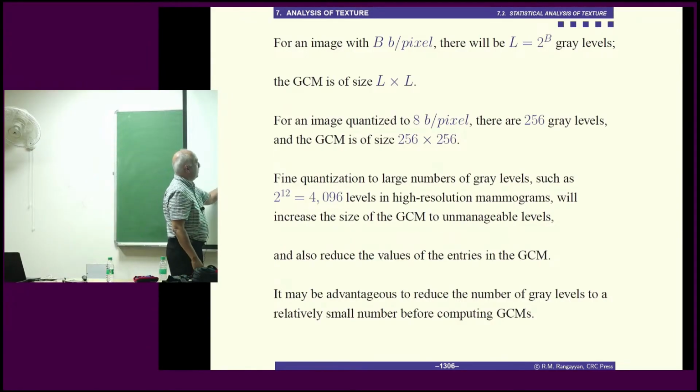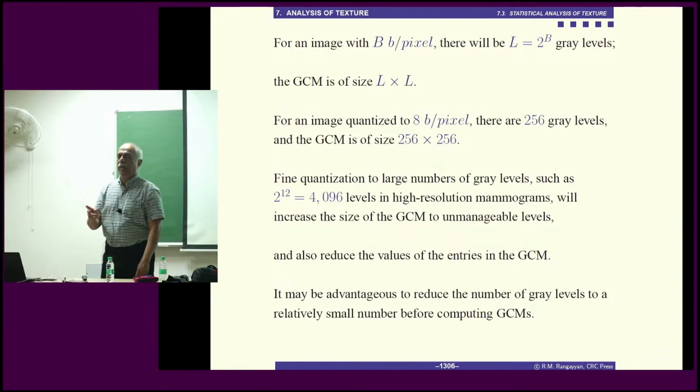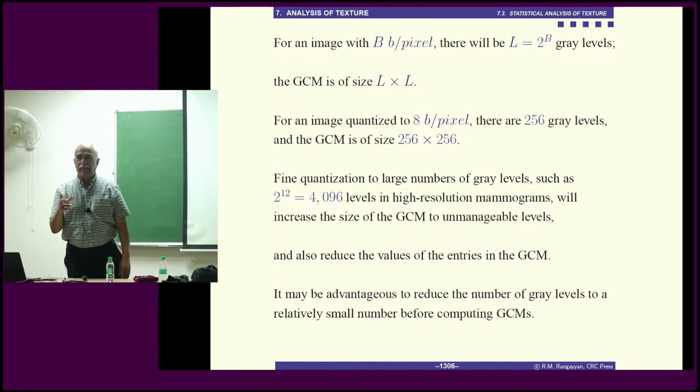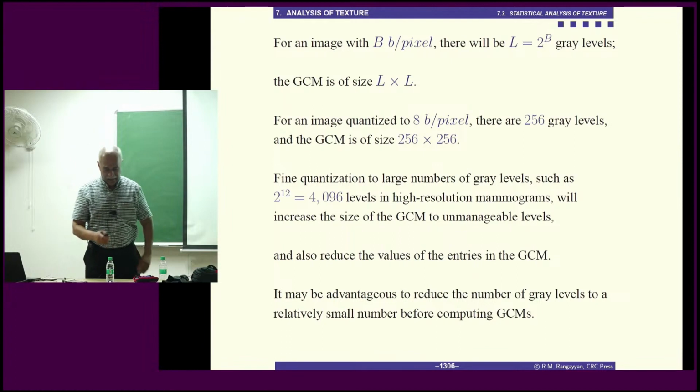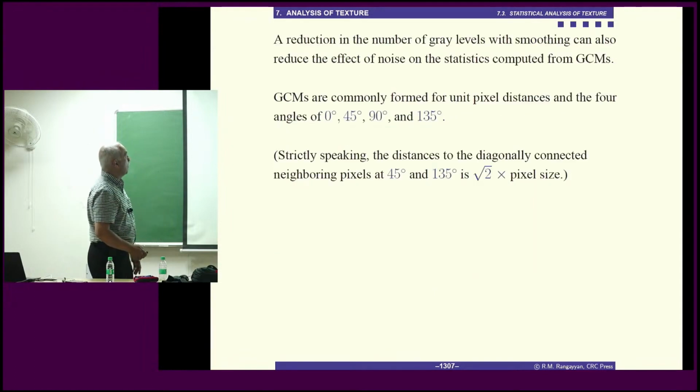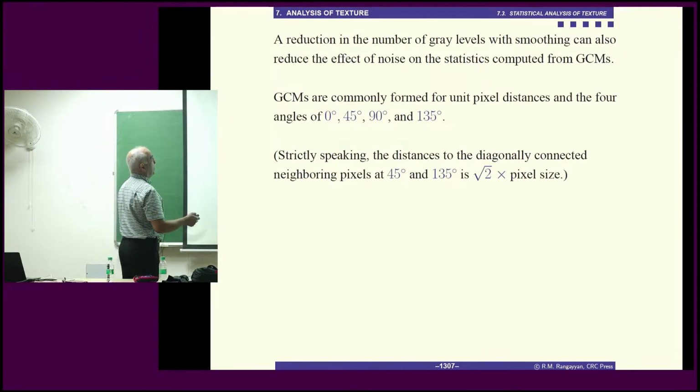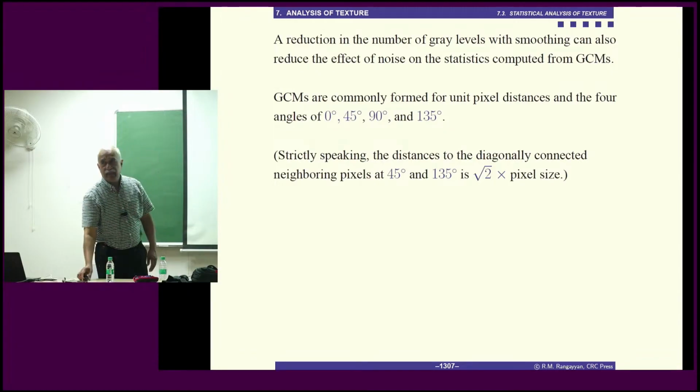So you want to reduce the number of gray levels to a relatively small number before computing the GCMs by re-quantizing, averaging and re-quantizing, maybe some filtering. GCMs are commonly formed for unit pixel distances and the 4 directions, 0, 45, 90, 135. That is top, bottom, left, right.